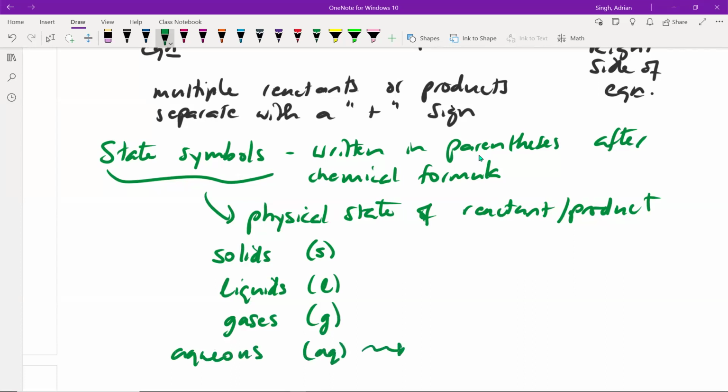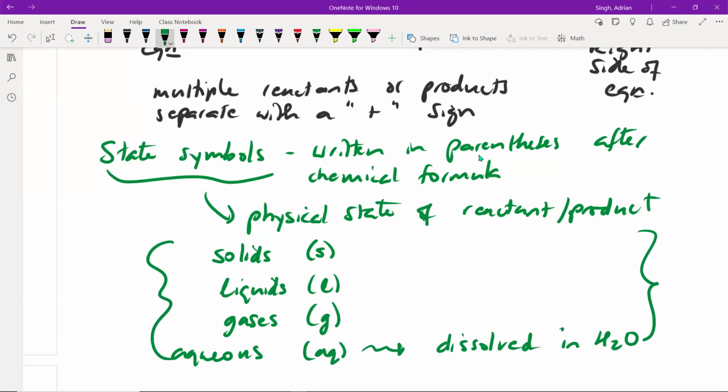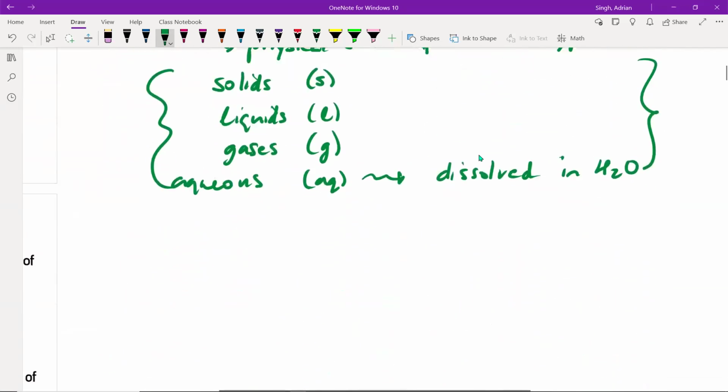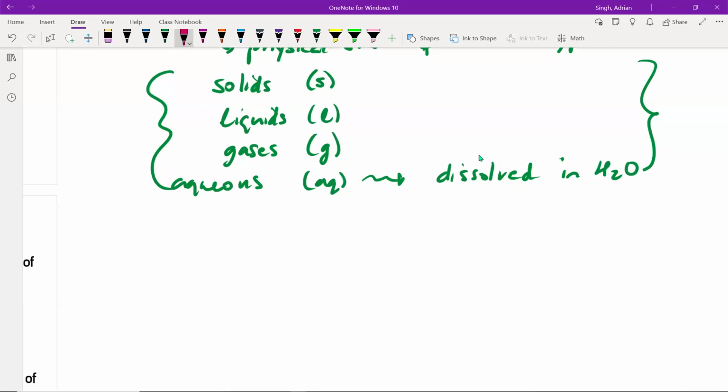What this means is that whatever that substance is, it's dissolved in water, in H2O. So we're going to see all of these four physical states and these state symbols in our equations whenever we write them. There is one other thing that we may see in our equation.